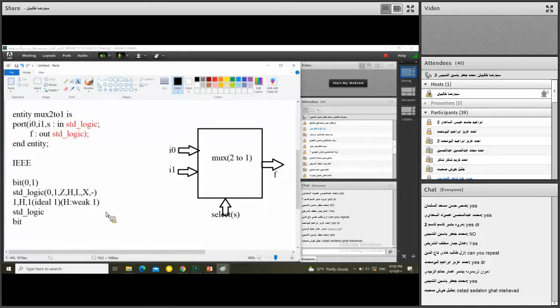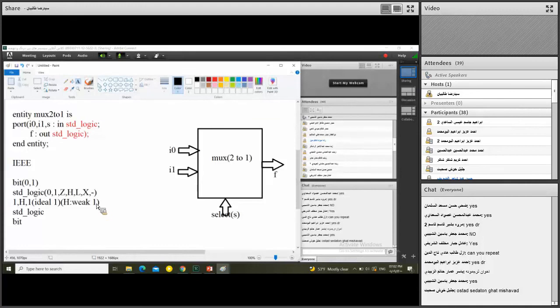Can anyone not translate from English to Arabic?